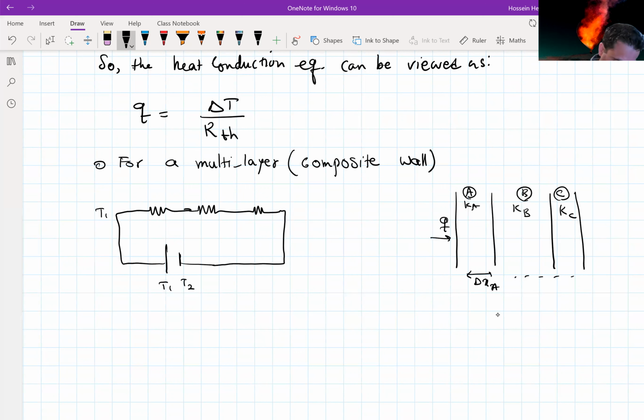So here is T1, here is T2, and then we have this Q, which is heat flow rate, and this one is R_TH1, R_TH2, R_TH3.